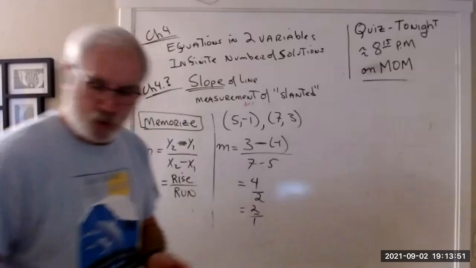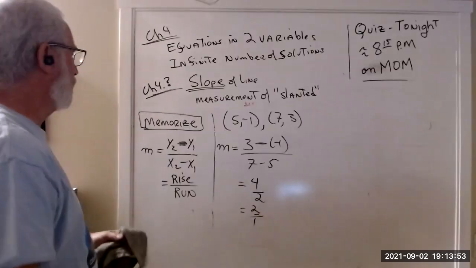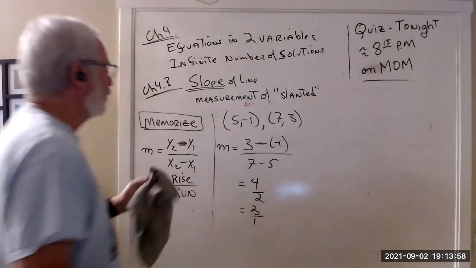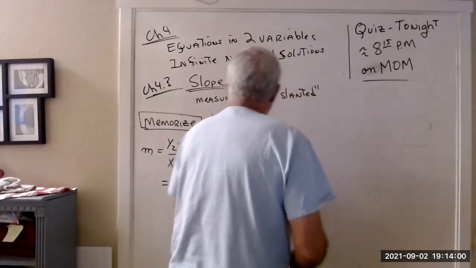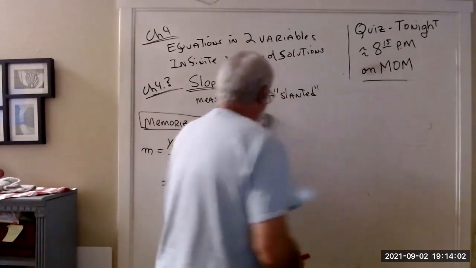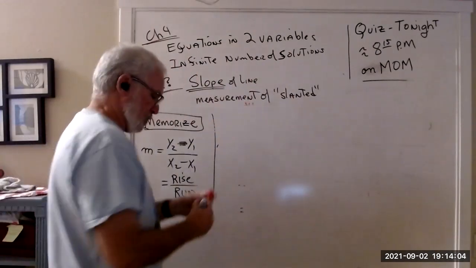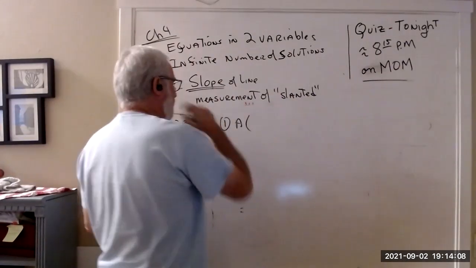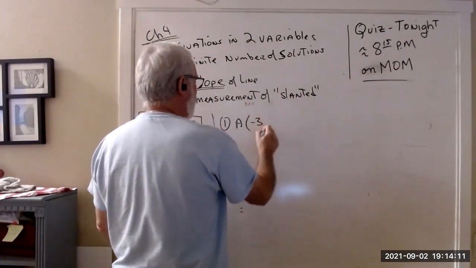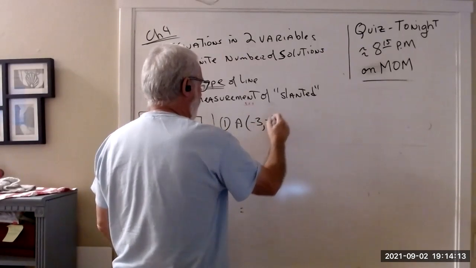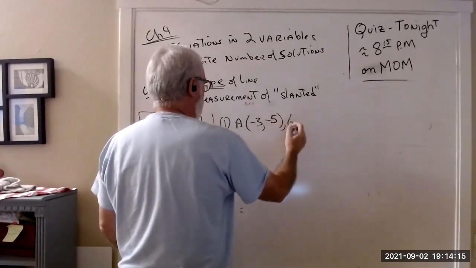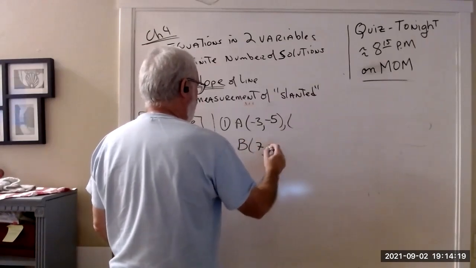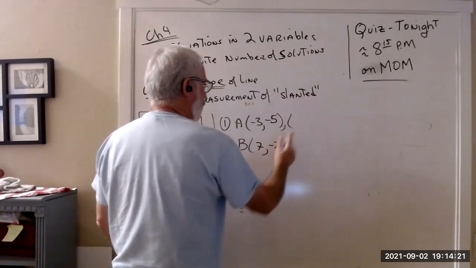I want to put 2 problems up here and have you work them out, and hope the screen doesn't do something bad. On each one of these, I want you to find the slope. Problem number 1: point A is (-3, -5) and point B is (7, -2).